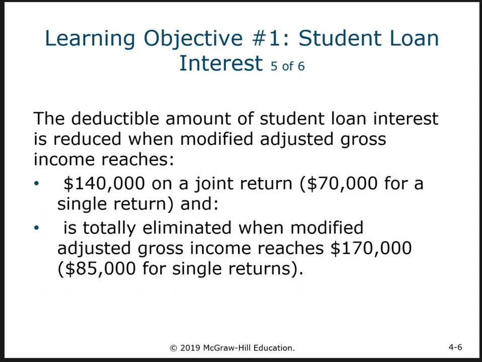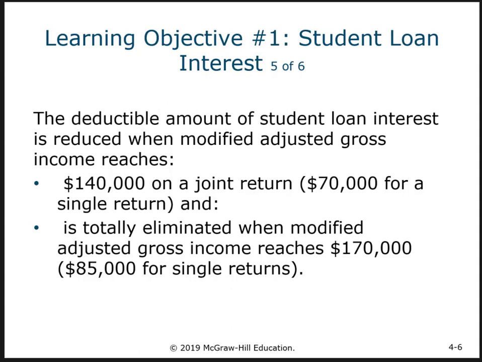So you start with how much you paid in interest. If it's over $2,500, you use $2,500 instead. That's your tentative deduction, assuming that you used all of the loan amounts for your education and the qualified education expenses. Then you have to apply this modified adjusted gross income threshold.